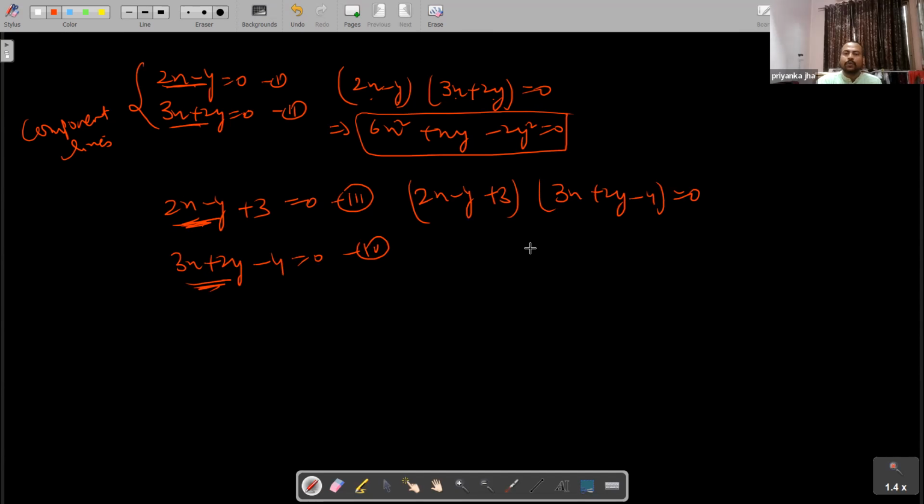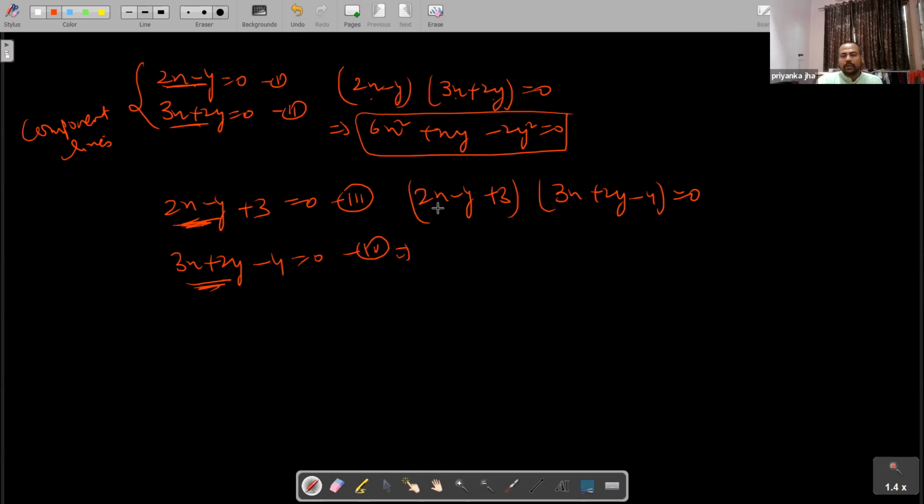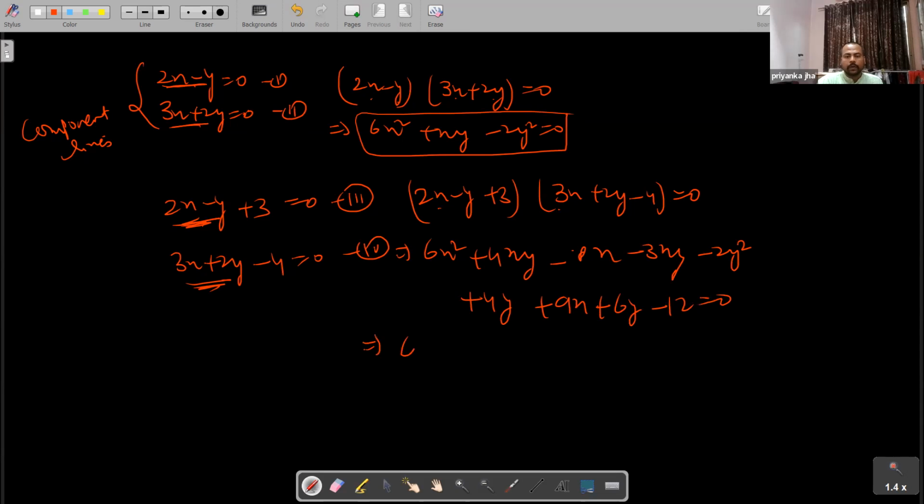Yeah, I'm just trying to show you something that will be helpful to solve questions. Okay. Just multiply 2x into 3x, that is 6x squared plus 4xy minus 8x minus 3xy minus 2y squared plus 4y, 9x plus 6y minus 12 equal to 0.